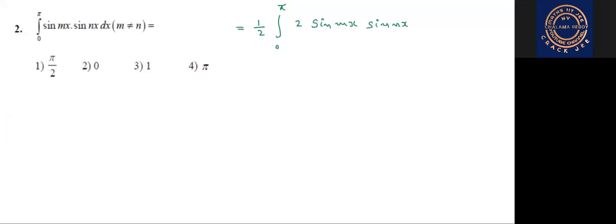What is the 2 sin A sin B formula? It is equal to cos of A minus B minus cos of A plus B. This is the formula now. Apply this formula.